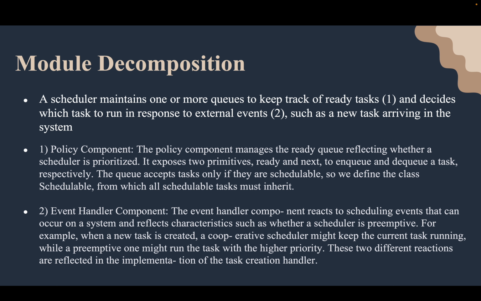It is exposed to primitives ready and next to enqueue and dequeue a task, respectively. The queue accepts tasks only if they are schedulable, so we define the class Schedulable from which your schedulable task must inherit.